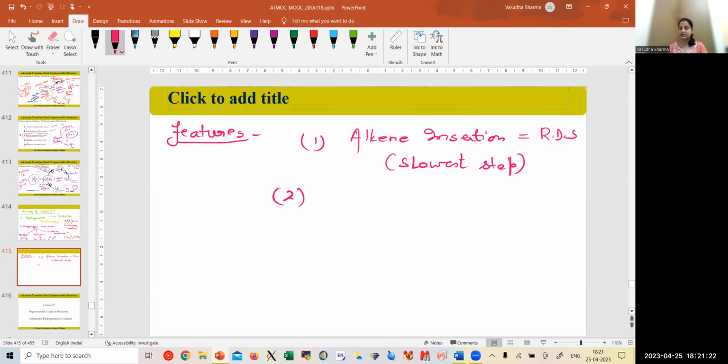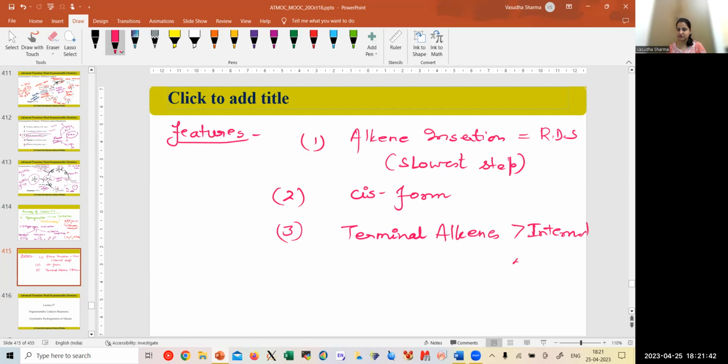And this hydrogenation will always occur in cis form. Third was that terminal alkenes have a higher rate of reaction for hydrogenation compared to internal alkenes because of the steric effect. So these are the features of it.